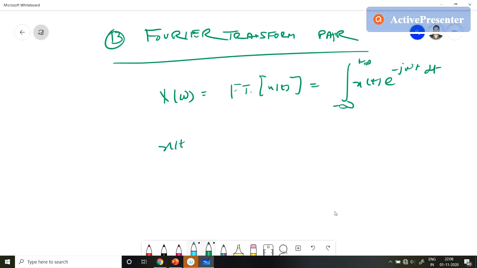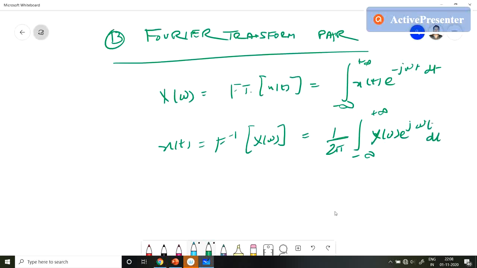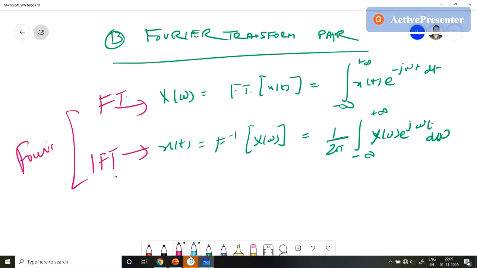And if we find the inverse Fourier transform, the inverse Fourier of X(omega) is equal to 1 divided by 2 pi, integral from minus infinity to plus infinity of X(omega) e raised to the power j omega t d omega. Please understand, here we have d omega. So this is the Fourier transform, and this is the inverse Fourier transform. This is the Fourier transform pair.